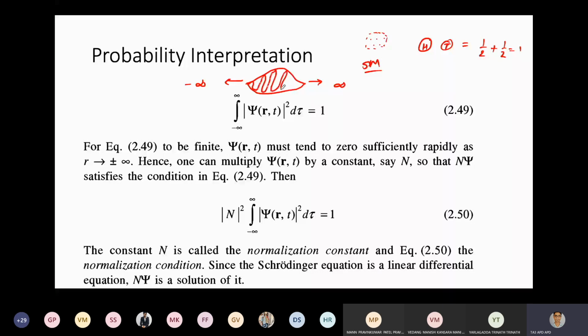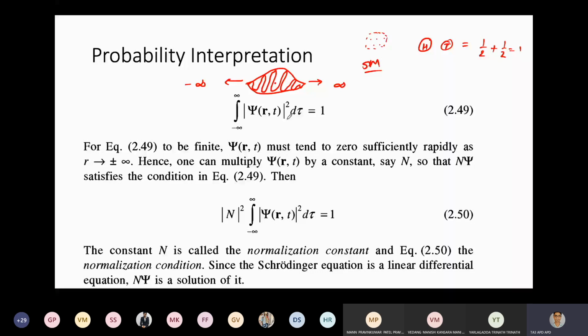If you go towards plus or minus infinity, the particle loses its probability. I mean, most likely the particle is not to be found there. The particle is somewhere here. So this psi tends to 0 as r tends to plus or minus infinity, and therefore one can multiply this whole function by some constant N, so that N psi also satisfies the condition given by this equation.